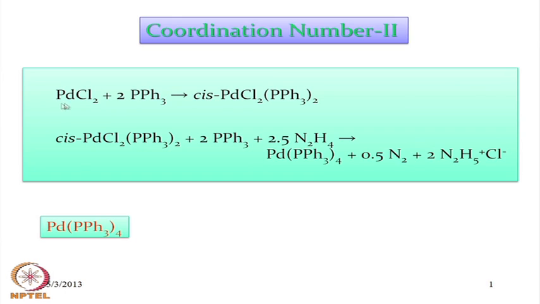The polymeric structure of palladium chloride is known in the solid state, it can have a different structure, but this particular molecular species is basically in cis geometry, that means two chloride and two phosphine groups are in adjacent positions, cis to each other, forming 90-degree angles. So, the chlorine-palladium-chlorine angle is 90 degrees. Similarly, the phosphorus-palladium-phosphorus angle is also 90 degrees.